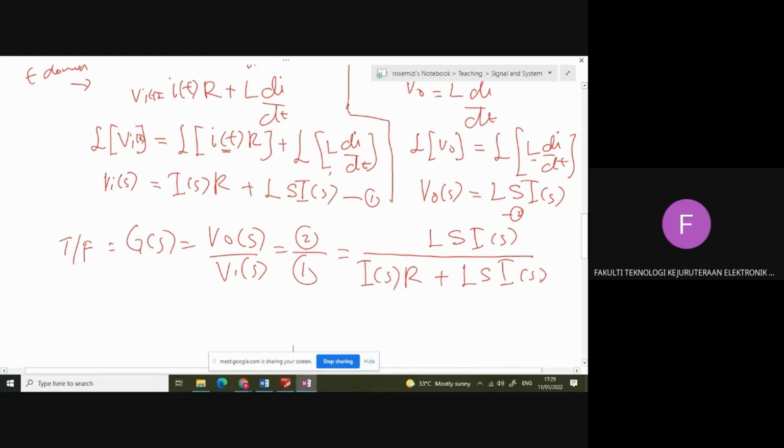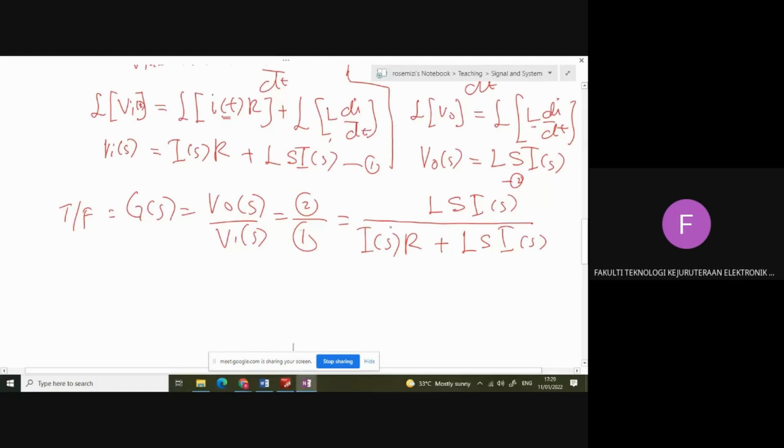Then we can simplify it, cancelling I(s). Finally our transfer function is equal to Ls over R plus Ls. This is the transfer function.